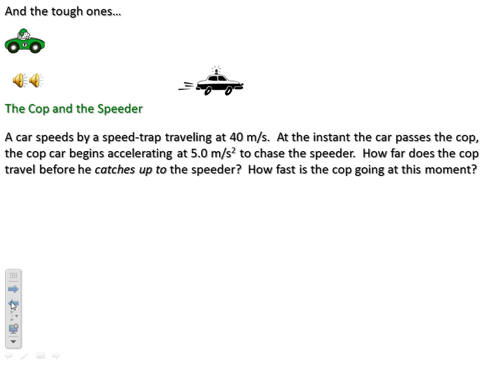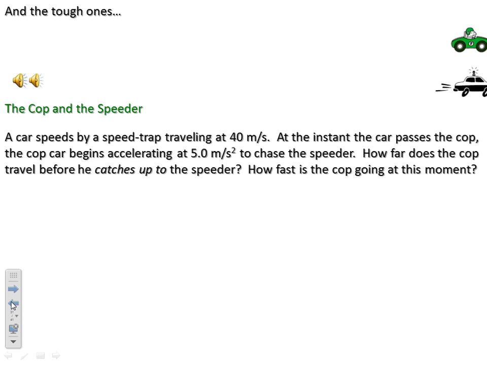So it looks something like this. Notice we've got that car going at a nice constant speed, right? But when he passes the speeder, the cop accelerates, and eventually, right there, he finally catches up to him. But notice the car moves at a constant speed, and the cop accelerates.